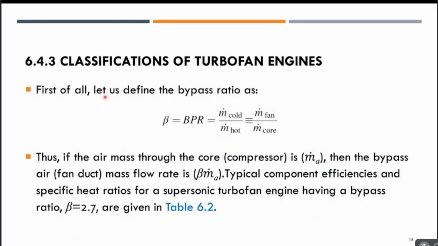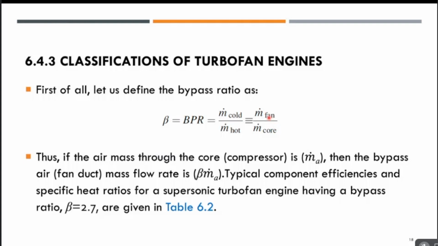In terms of the classification, we can also define the bypass ratio, known by the symbol beta, or BPR. We have the cold stream air mass flow rate over the hot stream air mass flow rate. The cold stream, basically the bypass air, is the mass flow rate through the fan, and the hot mass flow rate is the air going into the core of the engine, through the compressor, the combustion chamber, and the turbine.